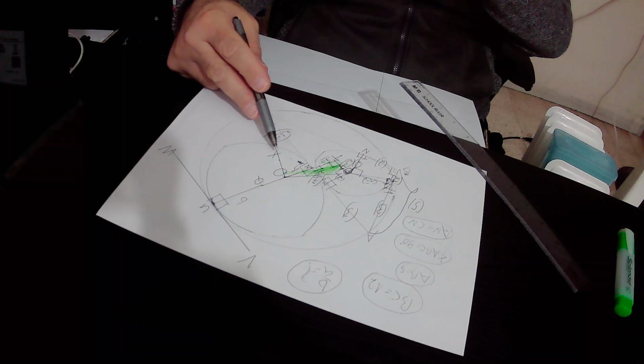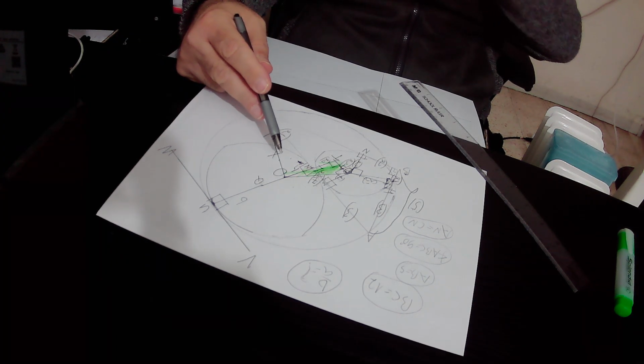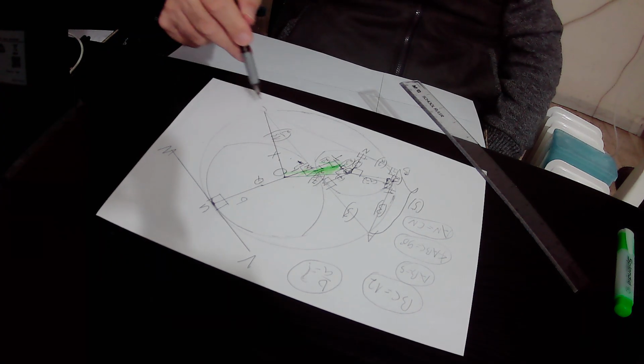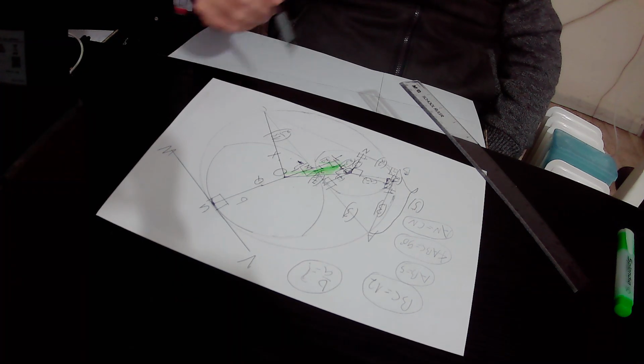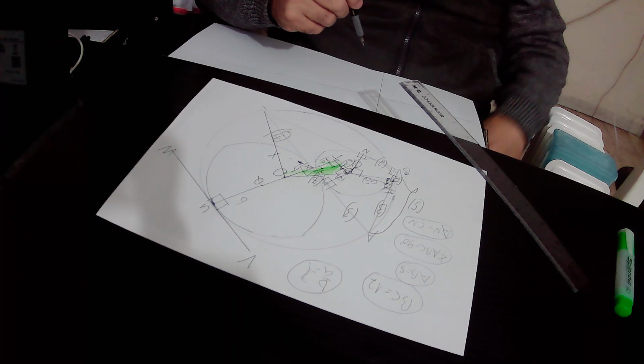This is the right triangle, this angle equals 90 degrees. So we'll implement the Pythagoras theorem on the right triangle ONC. We'll copy the right triangle ONC in the new page and we'll implement on it the Pythagoras theorem.